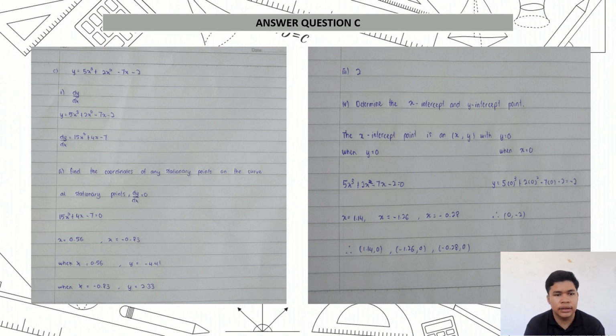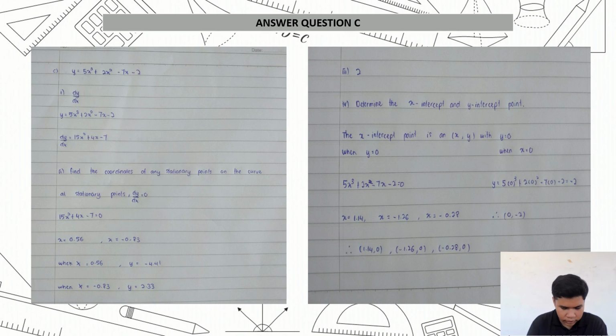When x equals 0.56, y equals negative 4.41. When x equals negative 0.83, y equals 2.33. Question 3. How many stationary points does the graph have? The answer is 2, from the previous question.